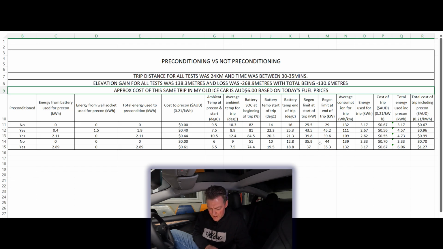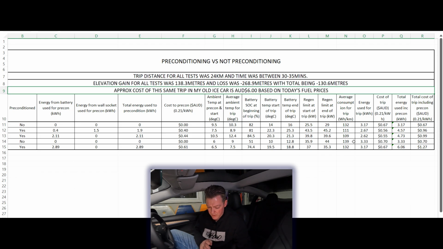I think it's more the HVAC working hard with the lower ambient temperature. I think it's your HVAC drawing a lot more power to keep the cabin at a good temperature and to try and heat the battery up. When you combine those, you can see that even though I had good regen, my battery was cold and I had a cold ambient temperature, and that affected the efficiency.